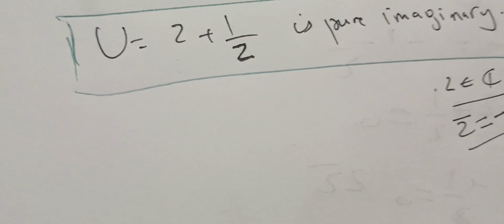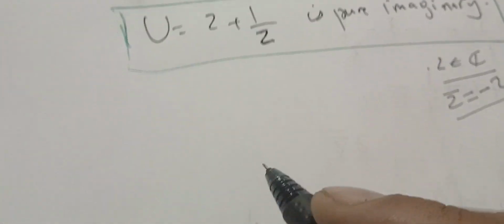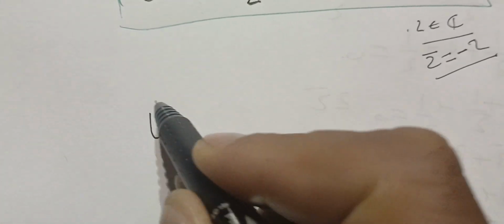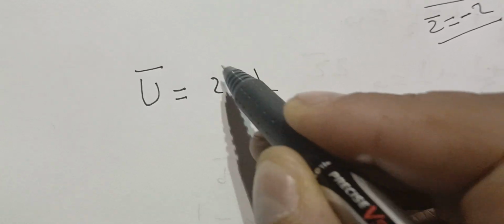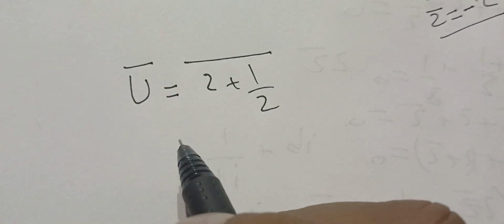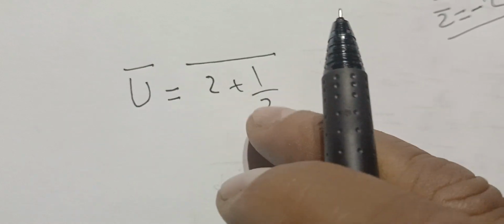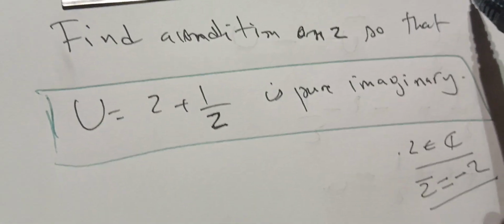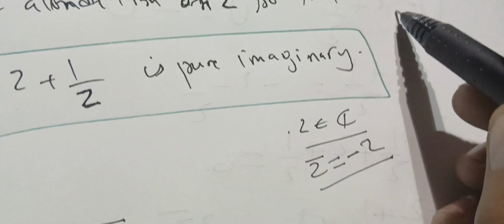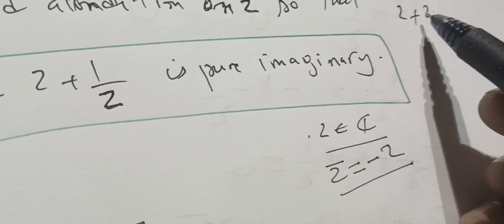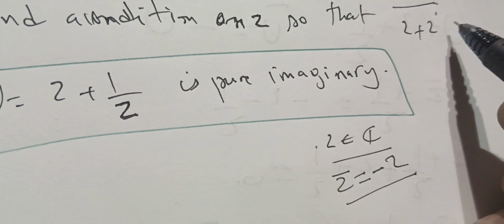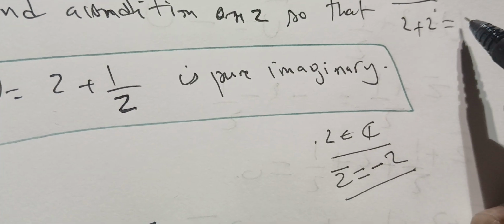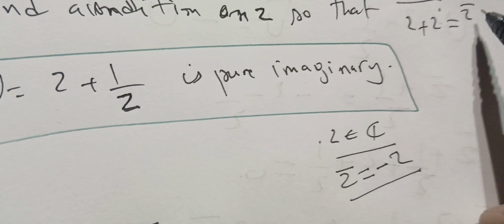Okay, let's solve it. So we know that u bar is z plus 1 over z bar. Again, this is another property of the conjugate. Given any two numbers, z and z prime, the conjugate of the addition of two numbers is just the addition of the conjugates.